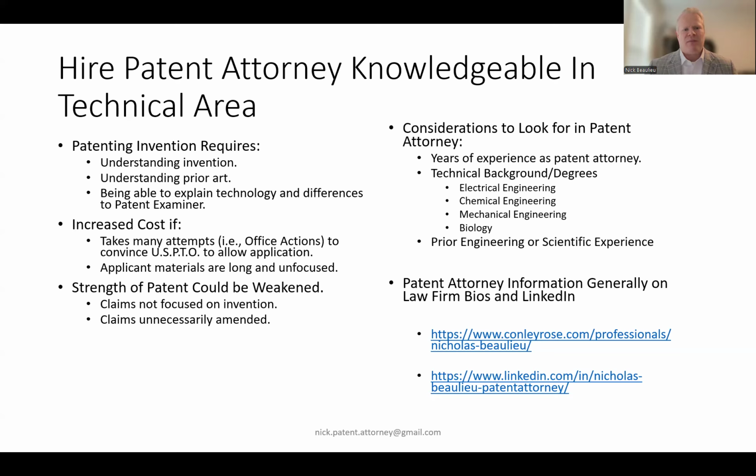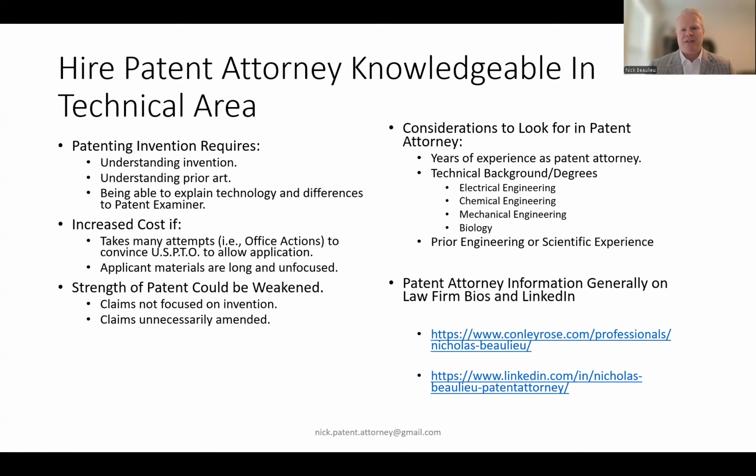And if the claims are not completely focused on the invention, you might have to do a lot of claim amendments. So for patent attorneys working at law firms, they typically have a bio section on the law firm website. I've listed mine here, and I've also listed my LinkedIn, and so you normally have a law firm bio and a LinkedIn page, and those will often list the educational degrees and prior engineering or scientific experience.